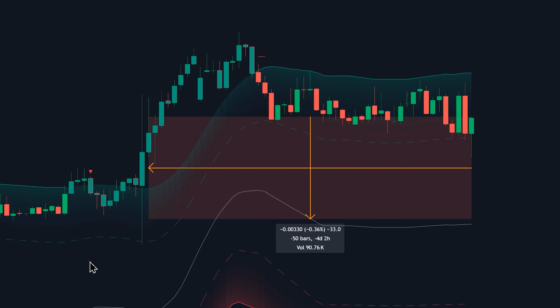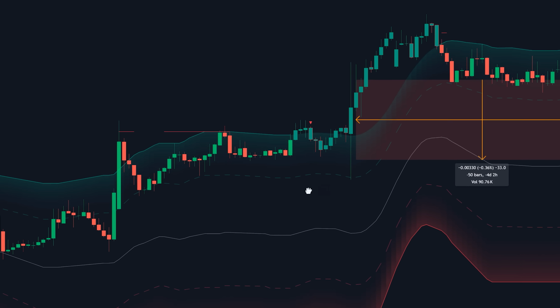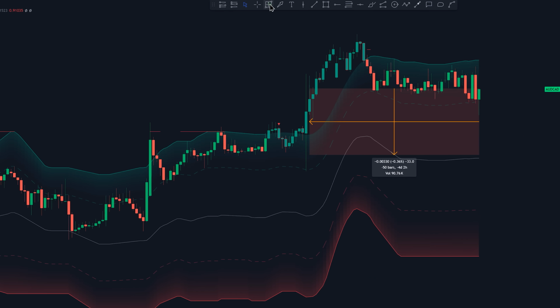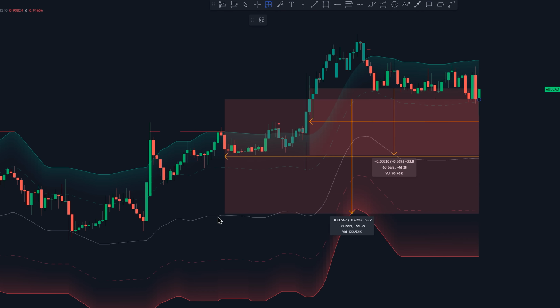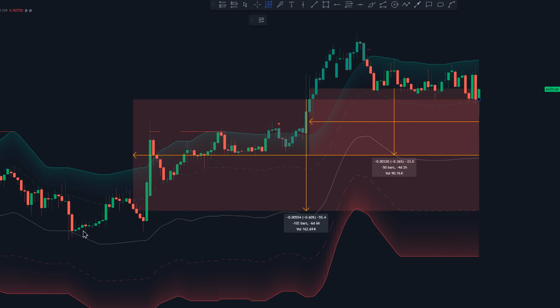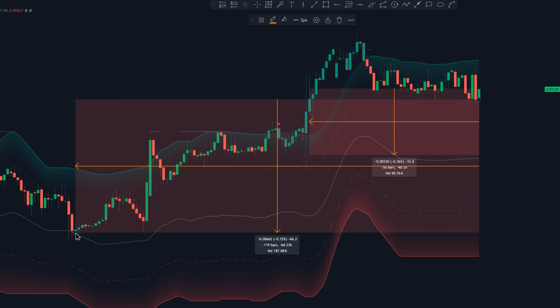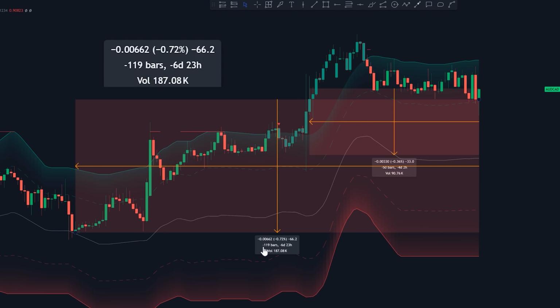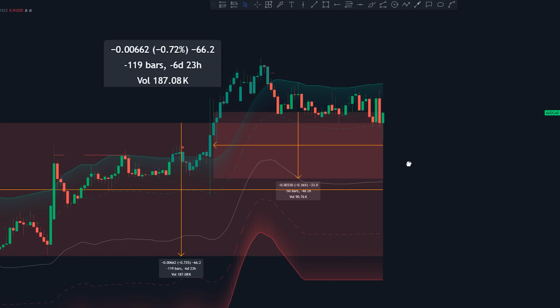Also, for the trend, you may want to consider doing the same check, but with a minimum of 30 bars. So you draw it from the entry candle all the way to the last time the price touched the midpoint, and then you need the number of bars to be at least 30 bars. Right here we can see it's 119, which is way above the 30 bar limit, which makes this condition valid.